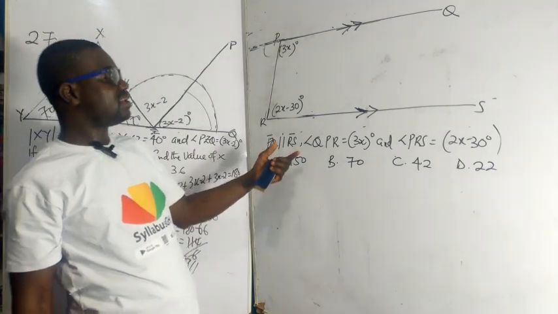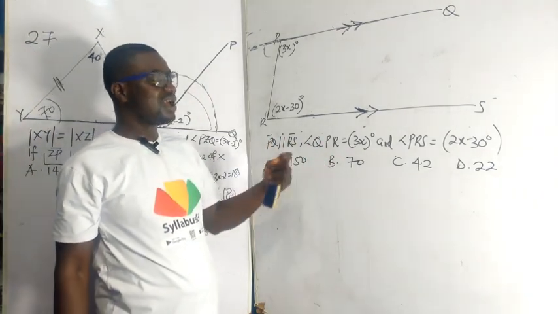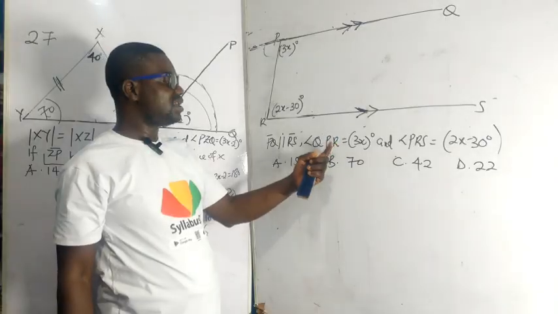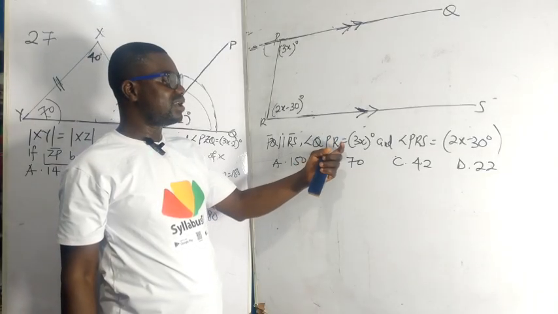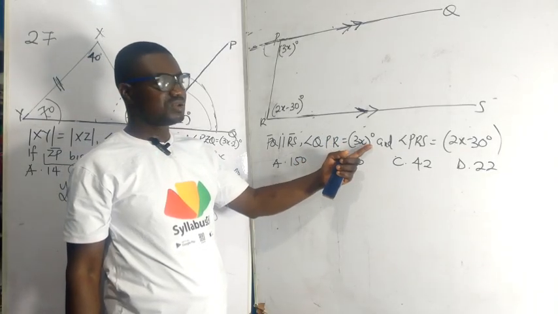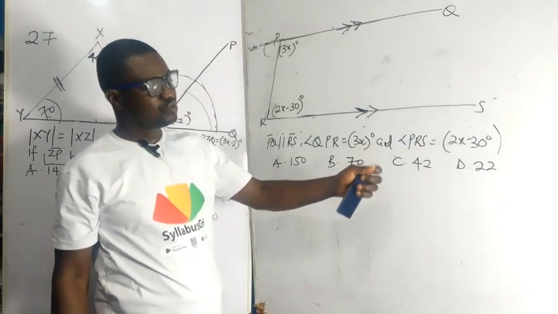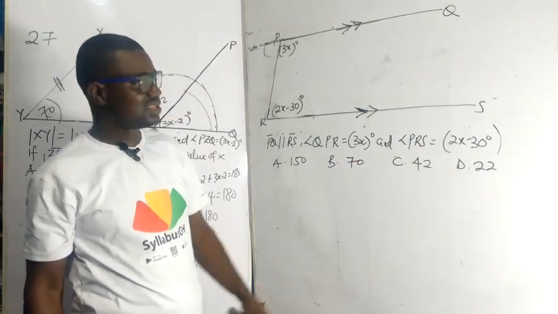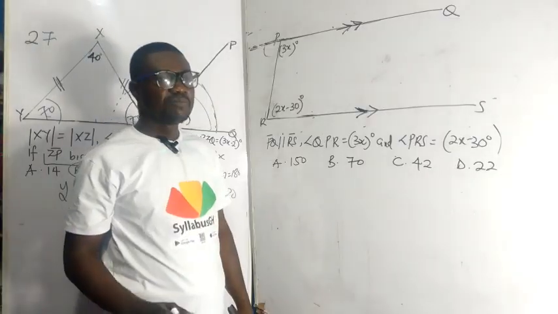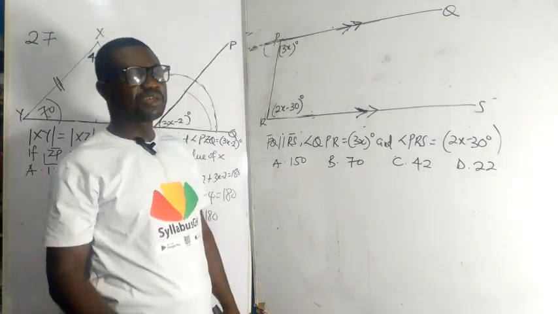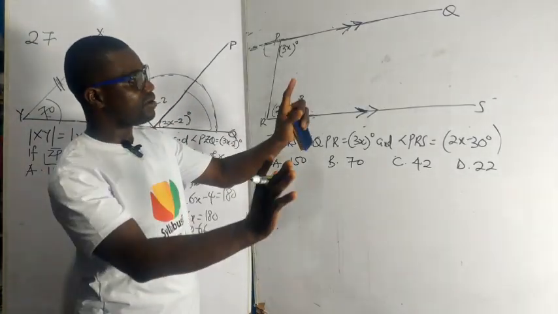The major information here is QPR, which is 3x degrees, and then PRS, which is 2x minus 30. And then the minor information, which sometimes you don't see, is the parallel line.